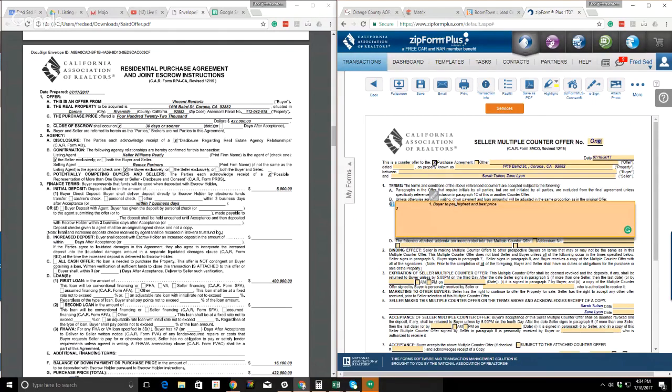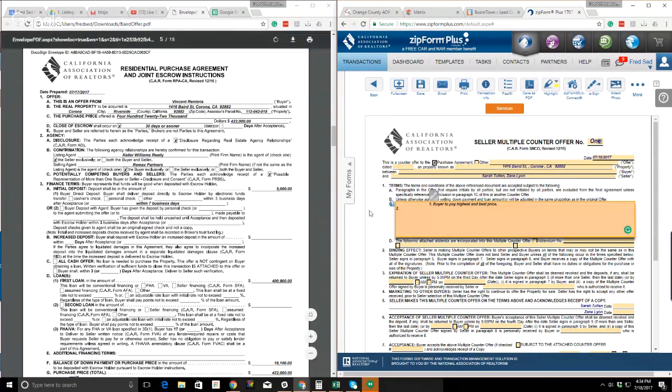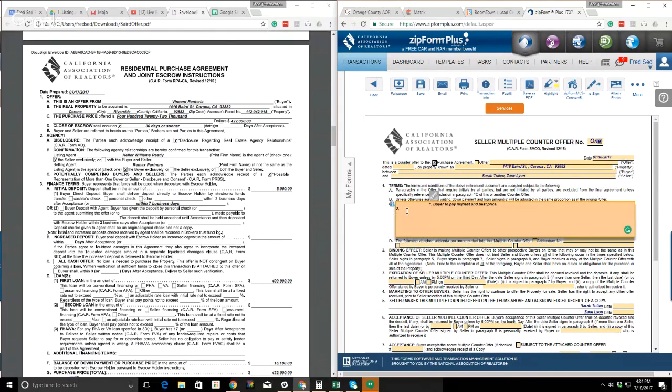Second one, when it comes to the deposit, it says $5,000 right here. I usually come back with buyer to pay 3% of purchase price as earnest money deposit. On this one, I already know some of the buyers are low down payment, so some of them don't even have 3%. So buyer to put $500 earnest money deposit.